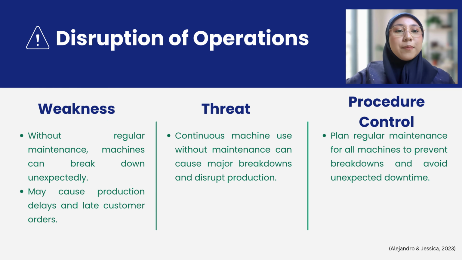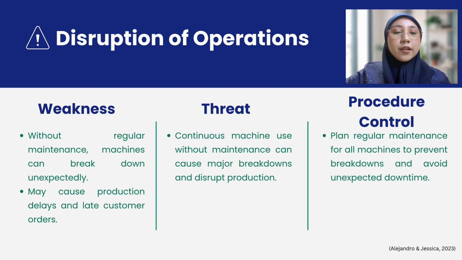Next, I will explain the risk of disruption of operations. The weakness is that machines are not maintained regularly. Without proper maintenance, machines can suddenly break down and interrupt the production process. The threat is that machine breakdowns may stop production, delay customer orders, increase repair costs, and reduce customer satisfaction.